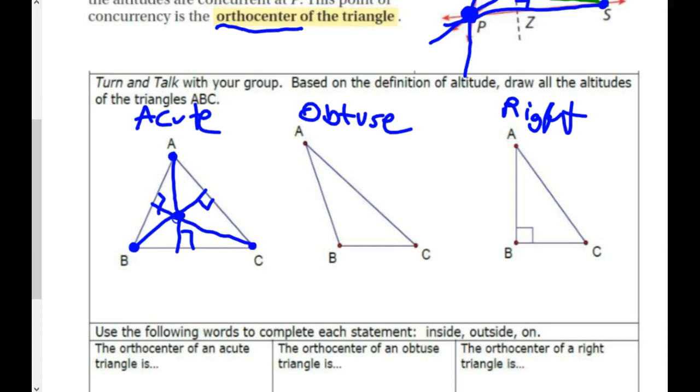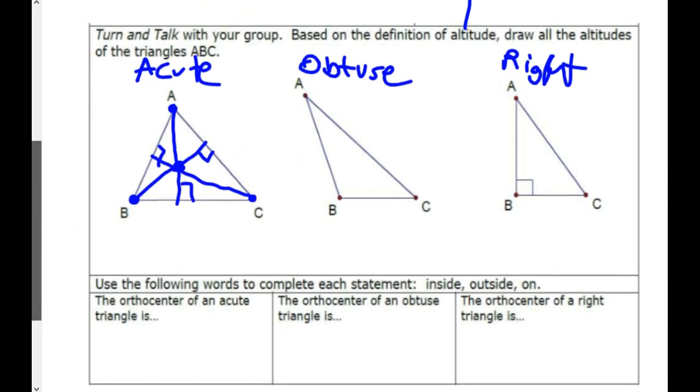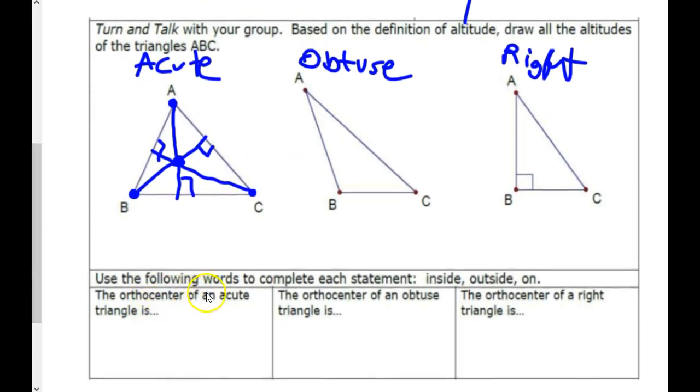So I've got a point of concurrency. All right. And let's answer the question right below that. The orthocenter of an acute triangle is inside the triangle, right? Does everyone see? I'll do it in red that the orthocenter is inside. 3 altitudes, and it's inside.